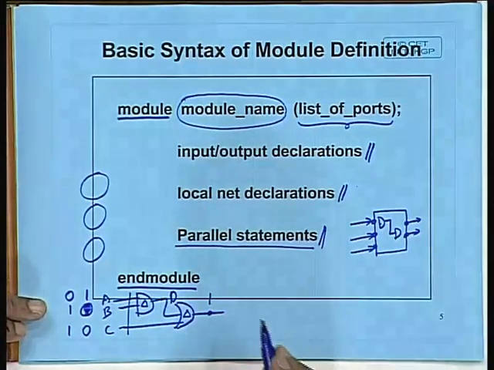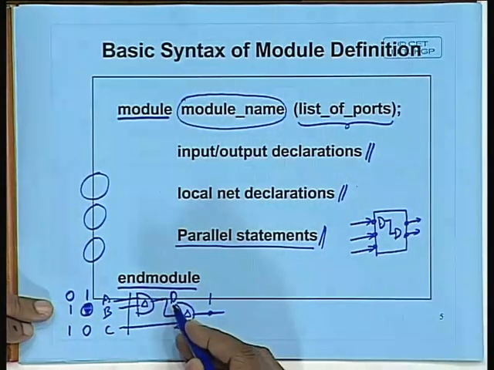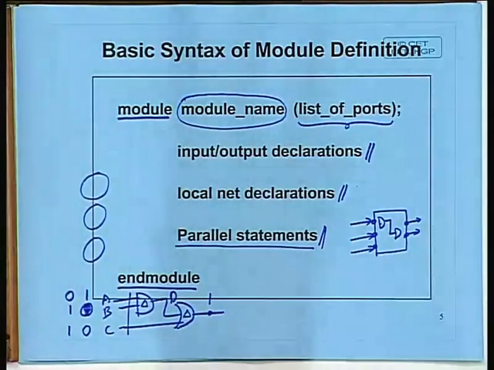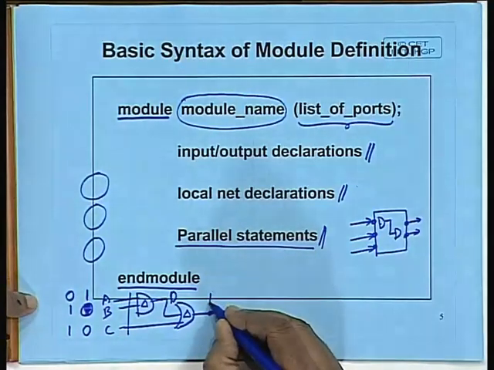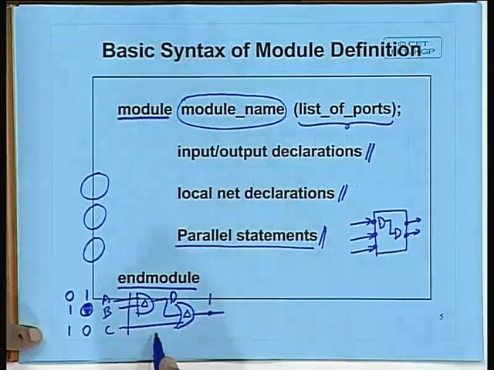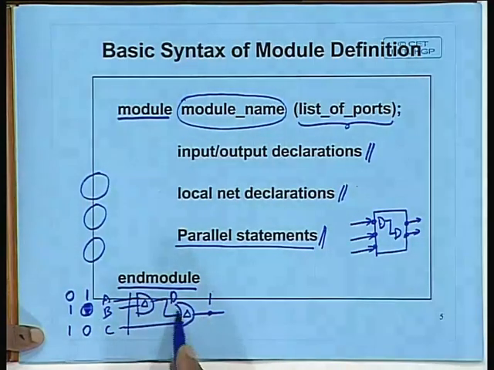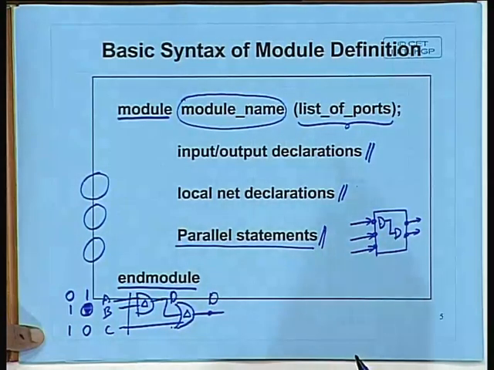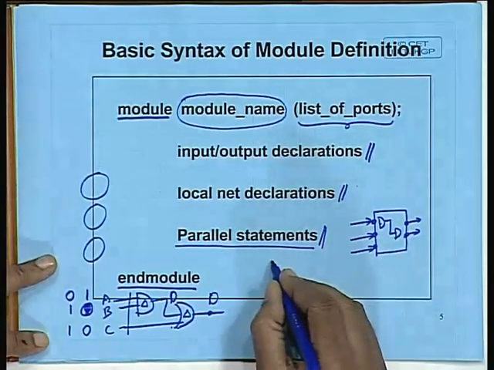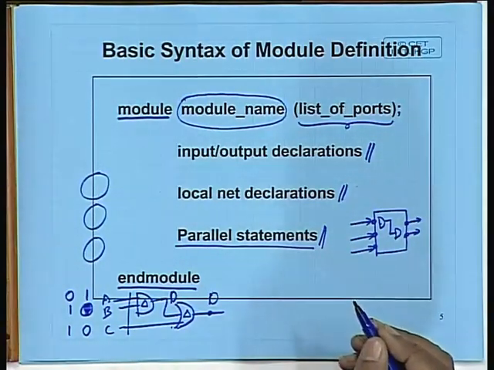But earlier this was 1, so this OR gate was evaluated at this time with the older value, so the output will be 1. Only after time twice delta will this new value be used in the simulation. Now it will take 0, 0 and the output will become 0. Here we have assumed that the delays are the same, delta.